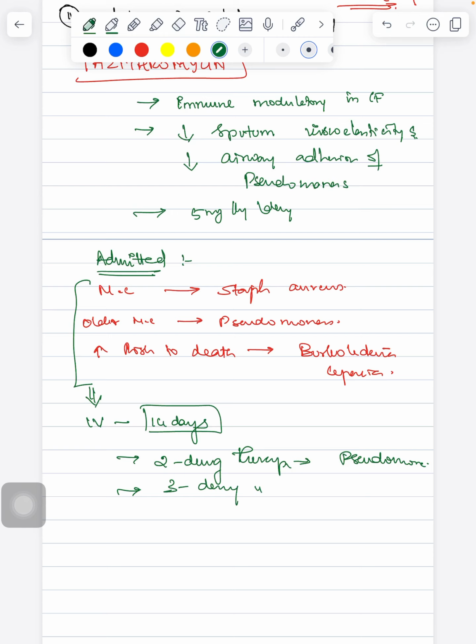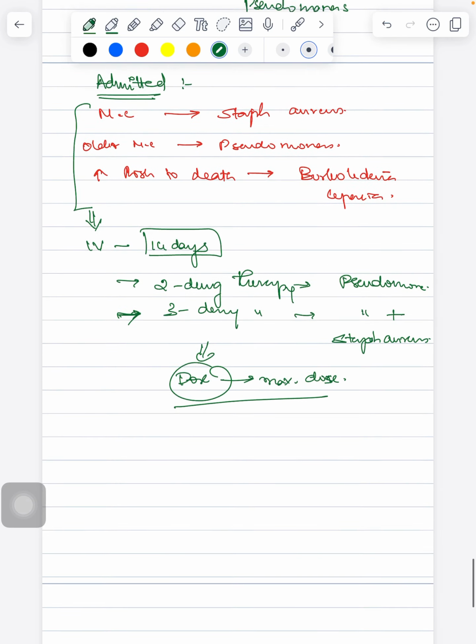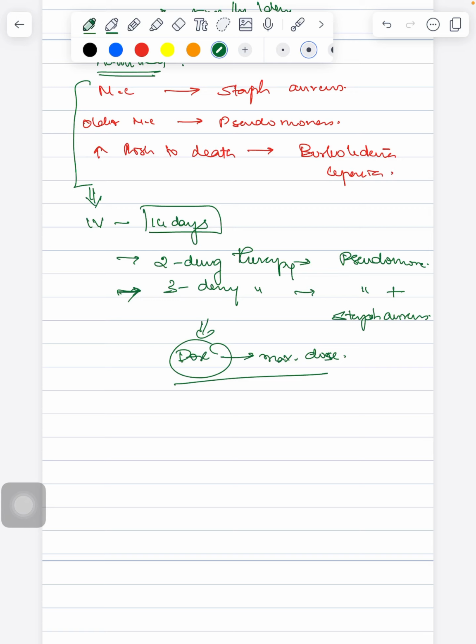Okay, the doses of your antibiotic drugs should be a maximum dose for these children. Suppose if you are suspecting only a mild infection, you can treat it in a home-based management. Then you can give oral antibiotics for a duration of around 2 weeks. Okay, same 14 days only.